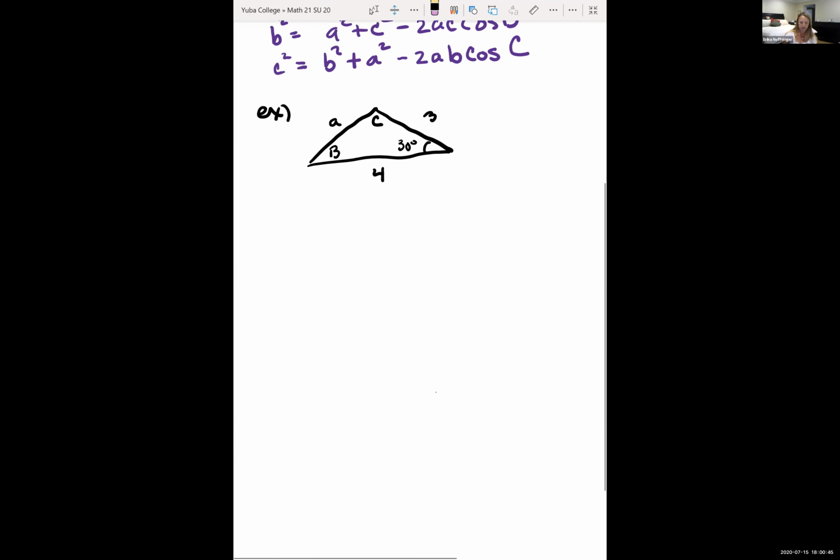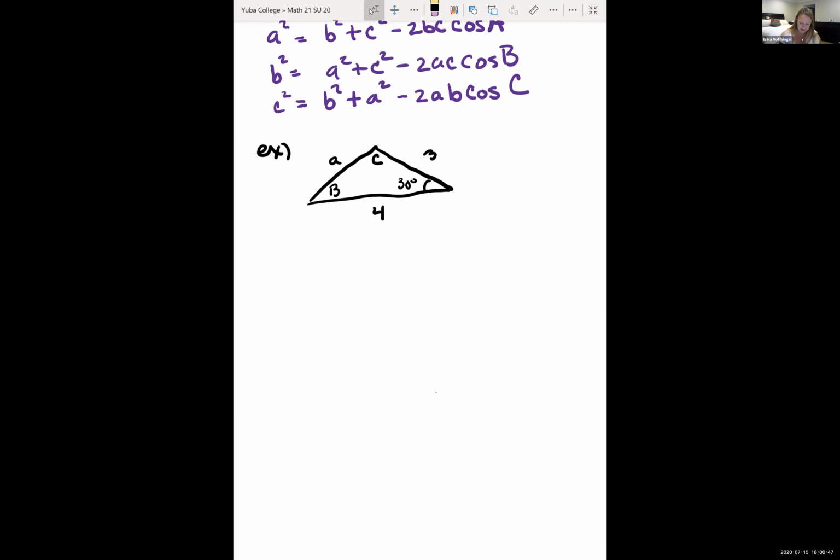And so let's use that formula. So we know that the side A squared is equal to 4 squared plus 3 squared minus 2 times the multiple of the other sides, 4 times 3, cosine of the angle in between that we know, which is 30 degrees.